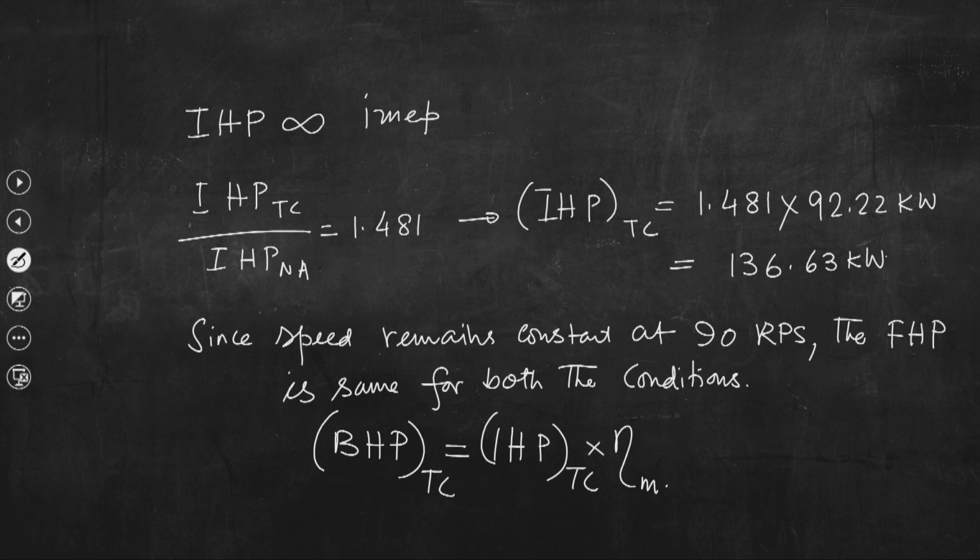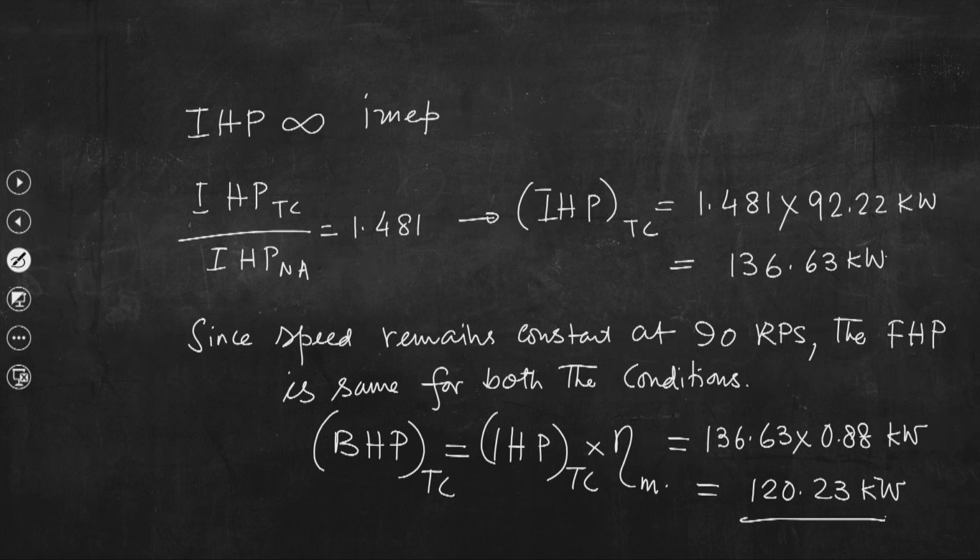So, this is 136.63 and mechanical efficiency is 88%, that is 0.88, kilowatt, and if we calculate it, the value is 120.23 kilowatt. So, this is the brake horsepower.